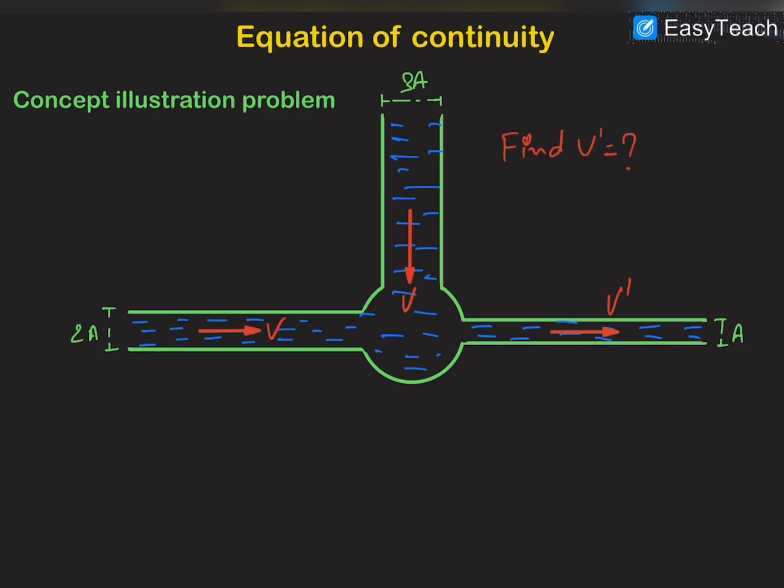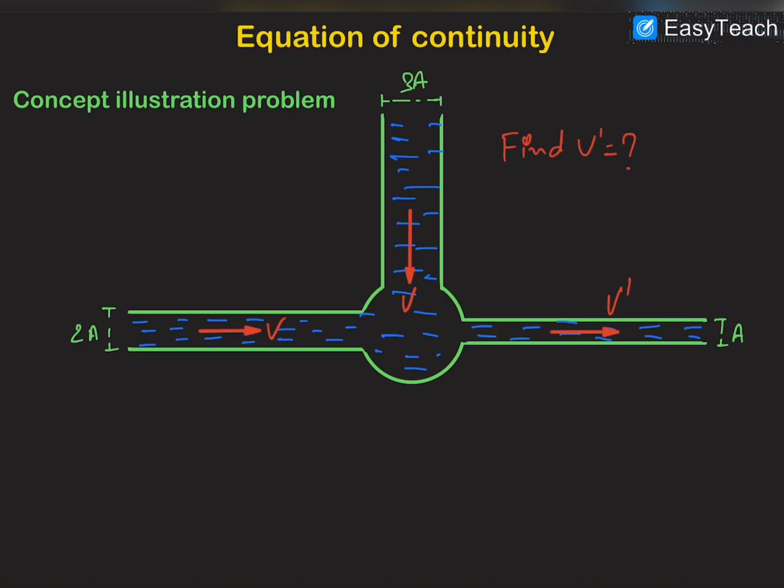Now let us discuss a concept illustration problem. You can see that this is a buffer and there are three pipes joining this buffer. Two pipes are bringing the liquid inside the buffer, and one pipe is taking the liquid out of the buffer.